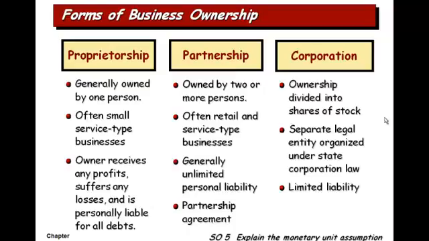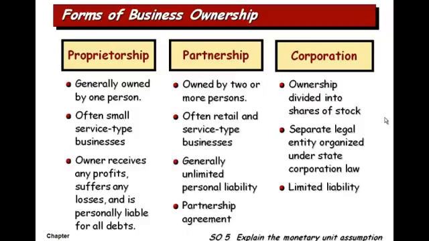Corporation, ownership divided into shares of capital stock. We'll see more about the corporation later in the course. I believe that's more like week 5. It's a separate legal entity organized under state corporation law, and each state has differences in their law, but also has some of the same characteristics.